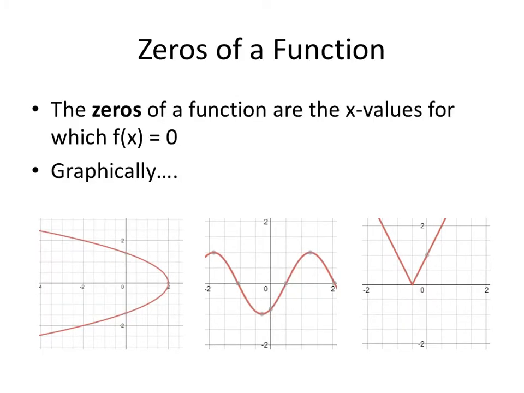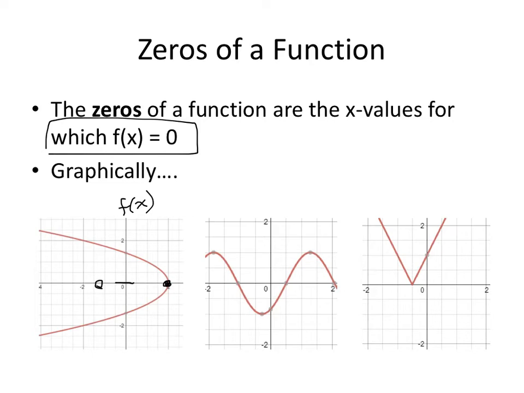Zeros of a function. Zeros are x values for which the y values, or the output of the function, is 0. So this happens, again, looking at these same three graphs. On this first one, anytime it crosses the x-axis, we have a 0. Why? Because our y value here, our f of x value, is 0 here, right? For that particular input, we have an output of 0.